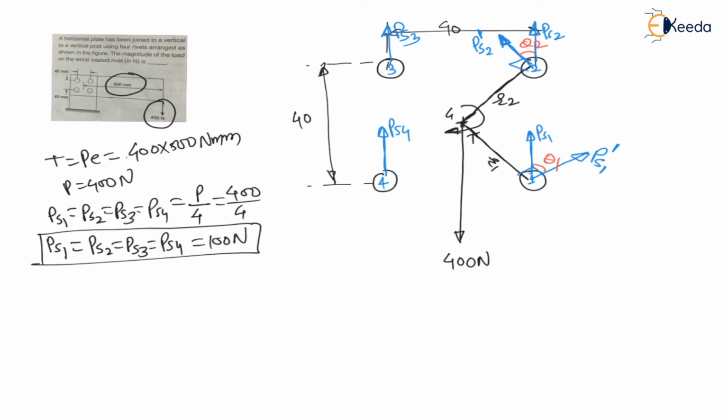Similarly, at rivet 3, the distance between rivet 3 and centroid is radius 3, R3, and if I draw perpendicular to this radius, which must create anti-clockwise torque, then it is PS3 dash, perpendicular to radius, right? And the angle between PS3 and PS3 dash is theta 3.